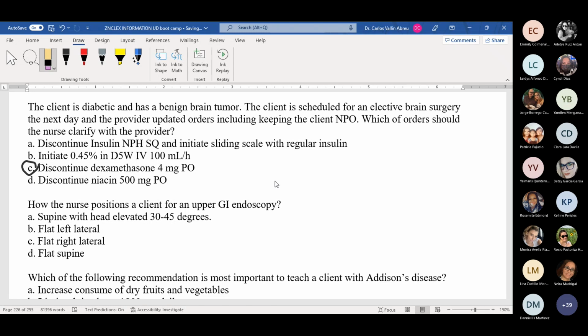Another question: if a patient has an oral medication and there is no parenteral alternative, and this tablet is taken with a sip of water, how long before the surgery should it be taken?